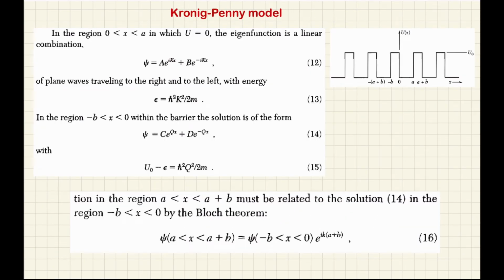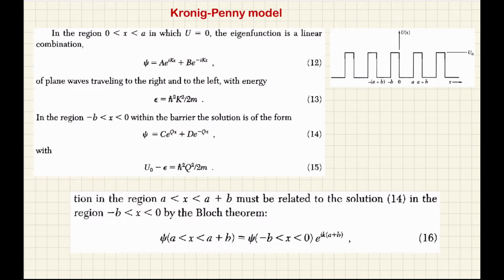Now, let us look at the solution of the Schrodinger equation in region 1, that is this region, and region 2, that is this region. In region 1 the electron is the same as a free particle, and you will have a plane wave solution. There is a forward moving plane wave and a backward moving plane wave.